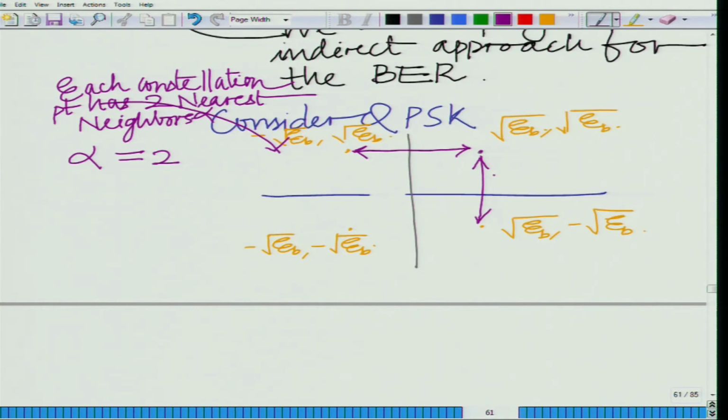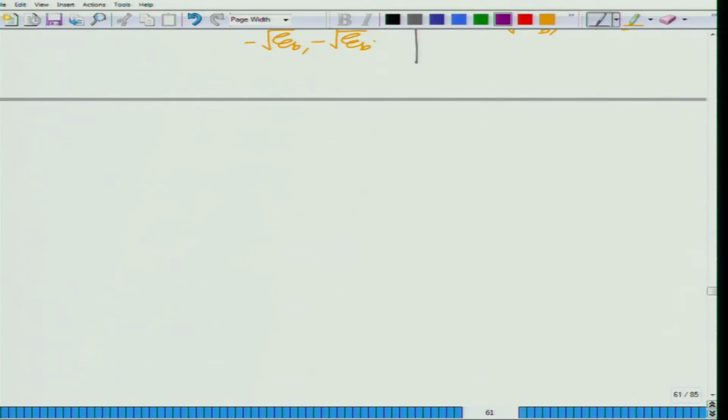Further, the distance between these 2 points is twice square root of EB. And we can formulate an approximate expression for the symbol error rate, not the bit error rate.